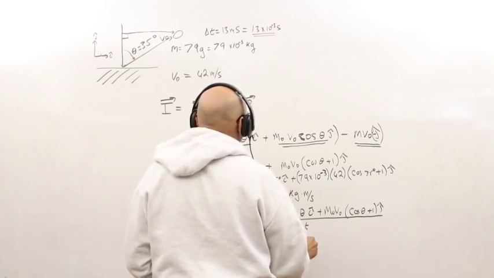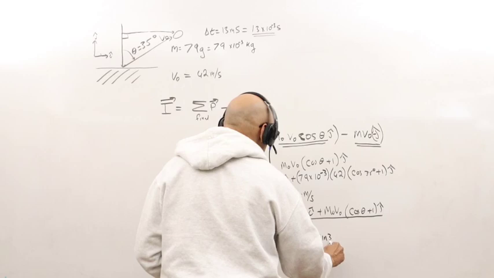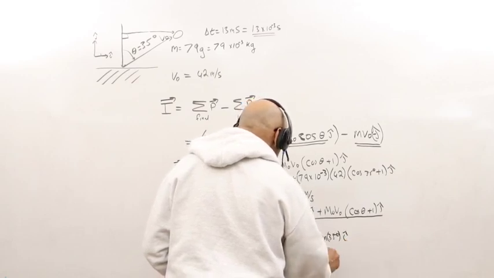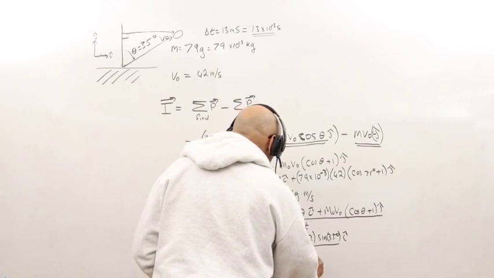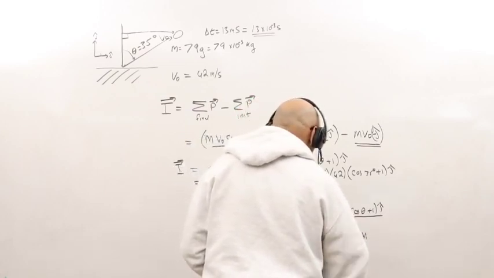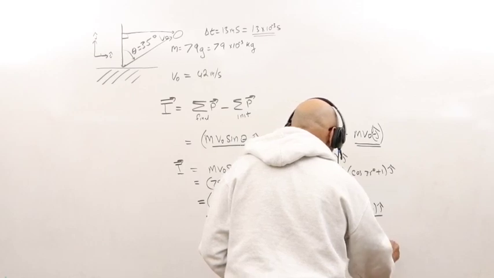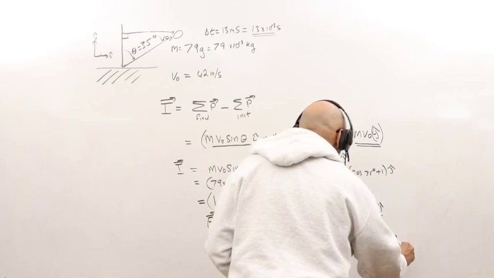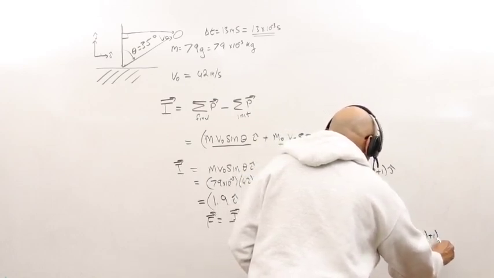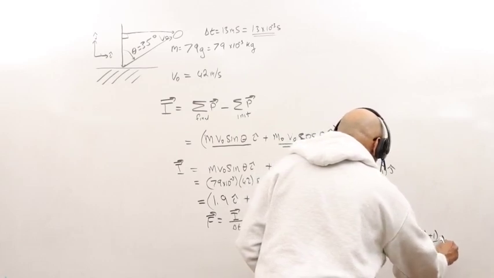V0 is 42 meters per second. 42 sine of 35 degrees, all divided by 13 times 10 to the minus 3, plus 79 times 10 to the minus 3 times 42 times cosine of 35 degrees plus 1, all divided by 13 times 10 to the minus 3 j hat.